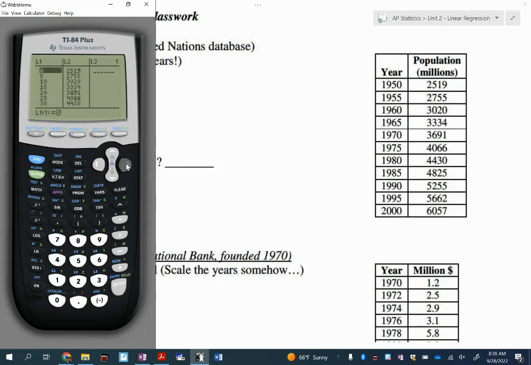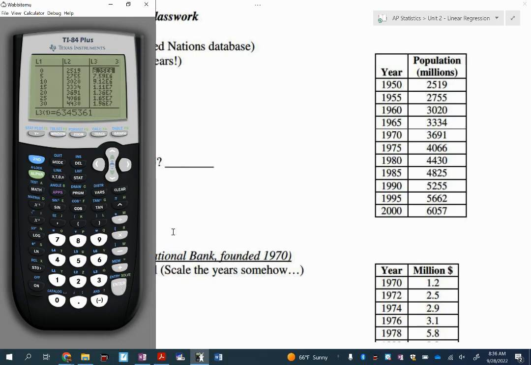Here's how you do it, if this is the first time you've seen this. Go up to where it's highlighted on list 3, and hit second number 2, which is list 2, and then this button to the corner of 7, which is the X squared button. I want to square all my values in list 2. Then hit enter, and it will take all of your values and square them.